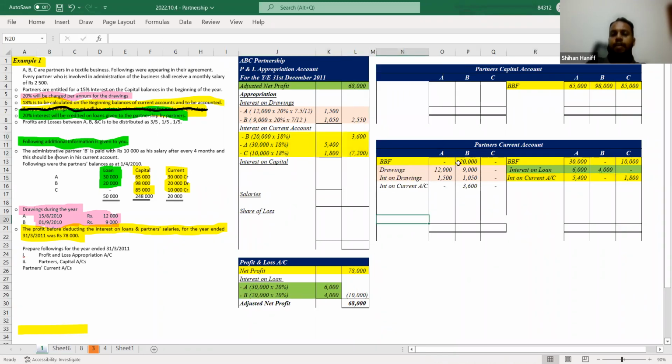Right, so if a partner is having a debit balance, it's an income for the partnership. It's a receipt for the partnership. That is why it will be added to the profit. Then if a partner is having credit balance, they will pay minus.